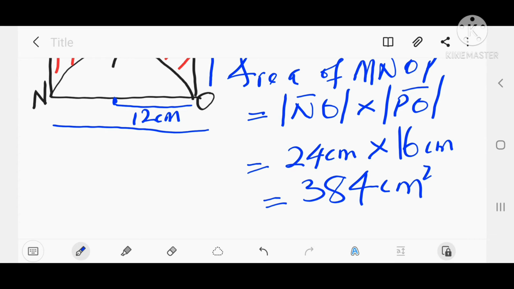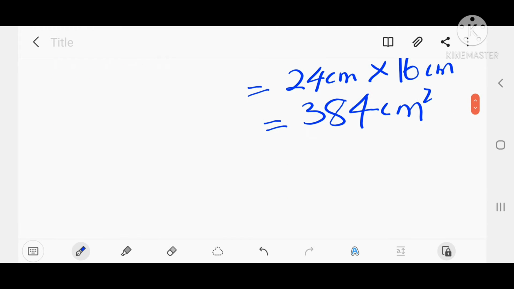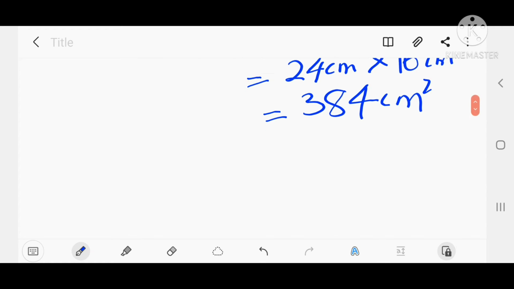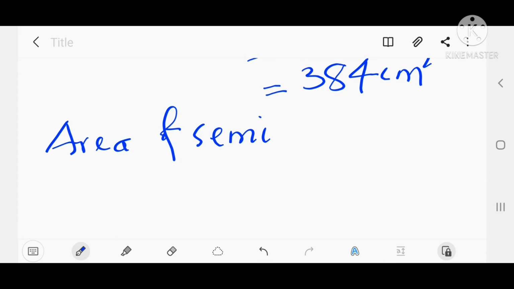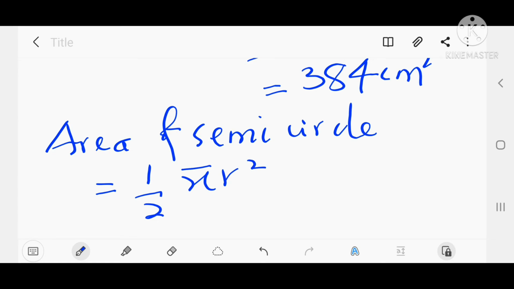Okay, so we also use the dimension to get the area of a semicircle. But we shouldn't forget that a semicircle is half of a full circle. So the area of a semicircle will be equal to half of a full circle, which is pi r squared.